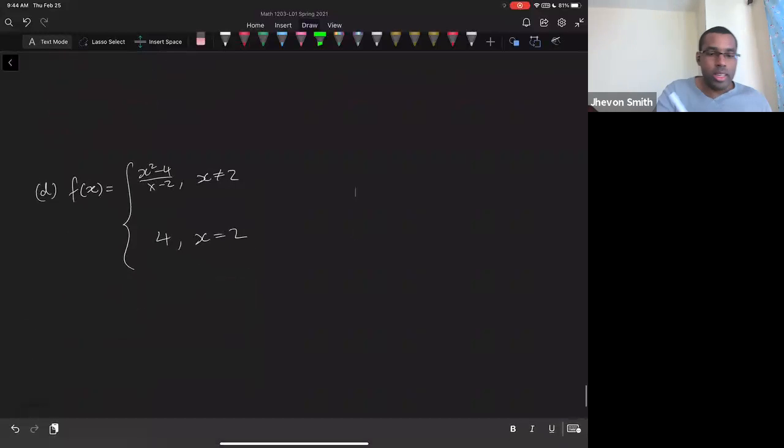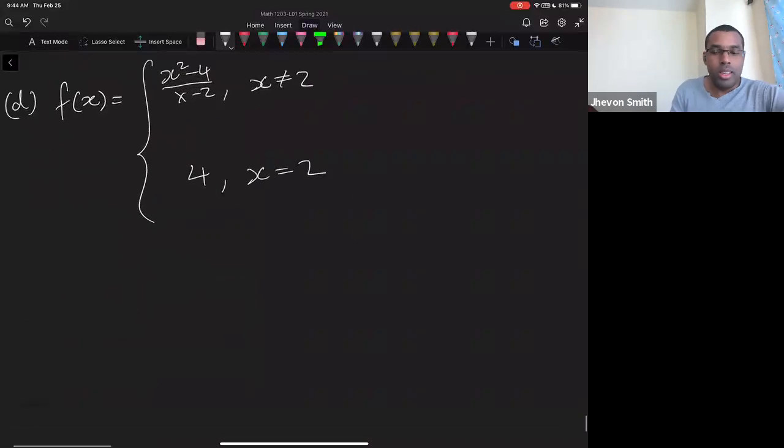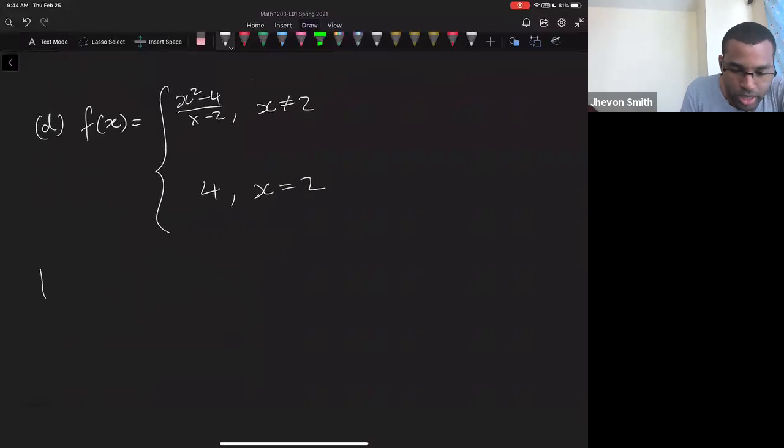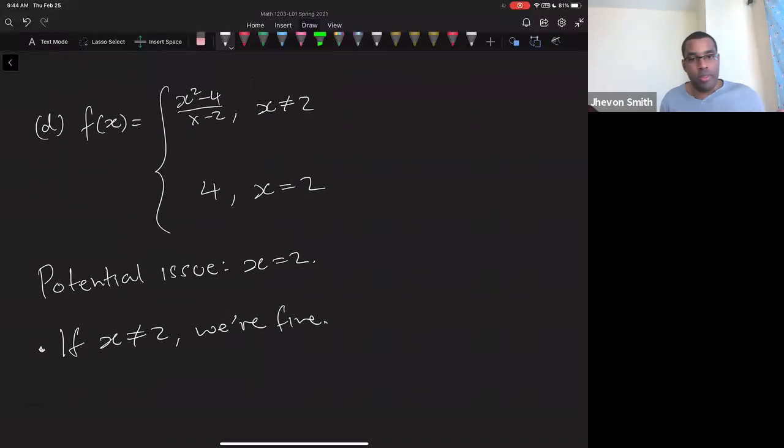So if I look at this one now, we'd go through the same thing, right? So I know my potential issue is that x equals 2. And I can state if x is not equal to 2, we're fine. Now I don't have to justify it, but I do have to show that I thought about it, right?